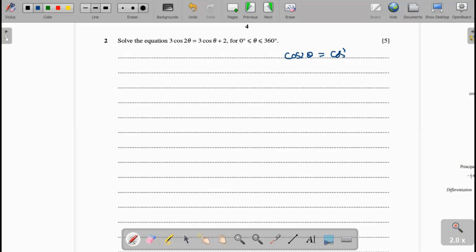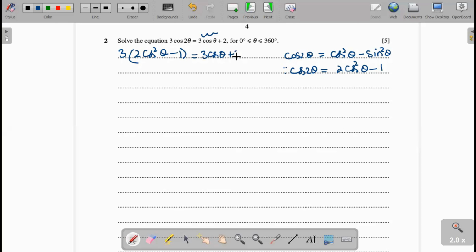square theta minus sine square theta, or cos 2 theta can also be written as 2 cos square theta minus 1. We can see the formula from the formula sheet. Now we write 3 into 2 cos square theta minus 1, that is equal to 3 cos theta plus 2.